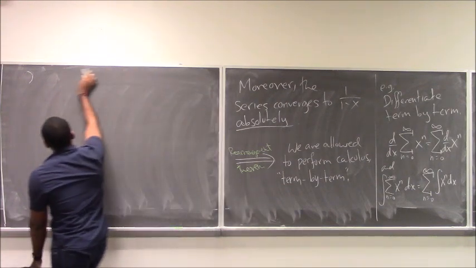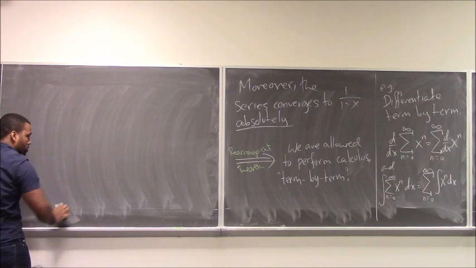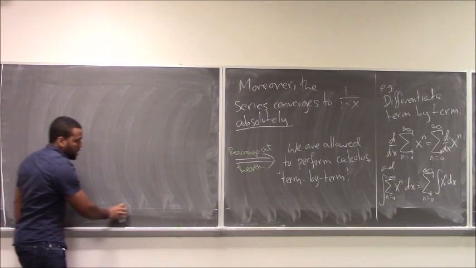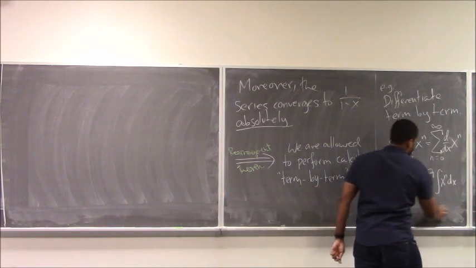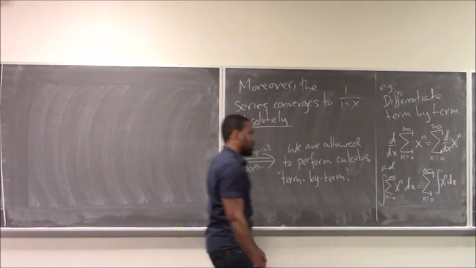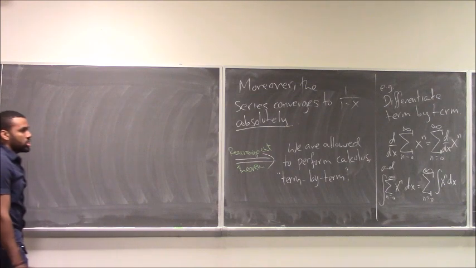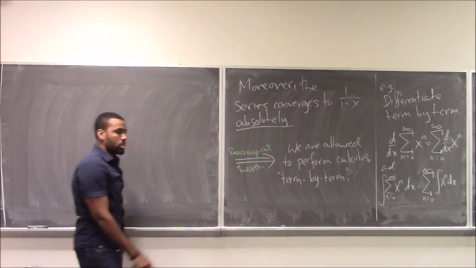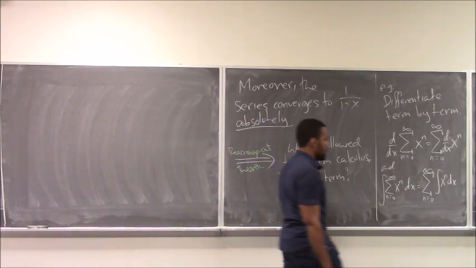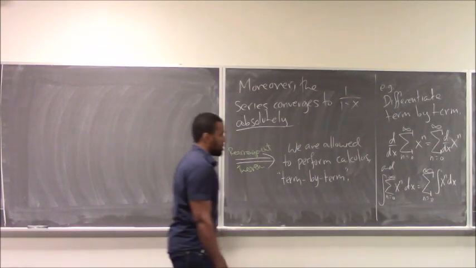Now that's really cool because I can now find series representations for all sorts of functions. If I know the series representation of one function and I know where it converges absolutely, I can talk about series representations for the derivative of that function, the integral of that function, as long as I maintain the same interval where I have absolute convergence.